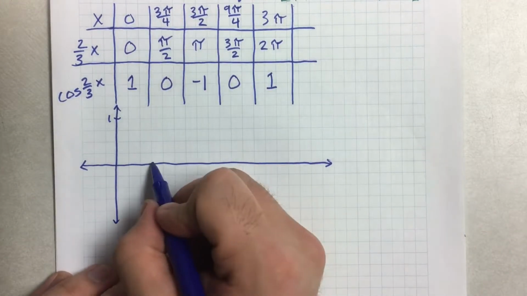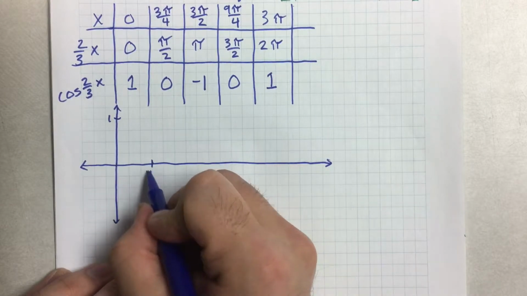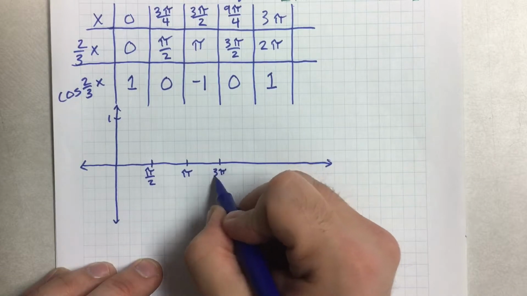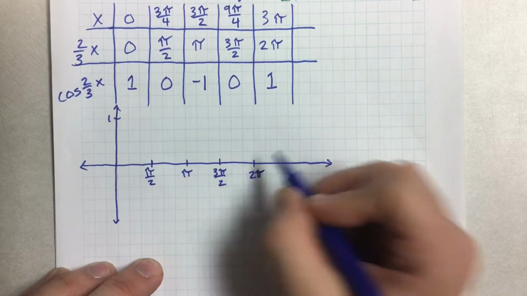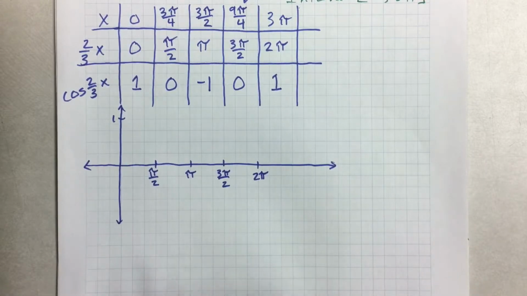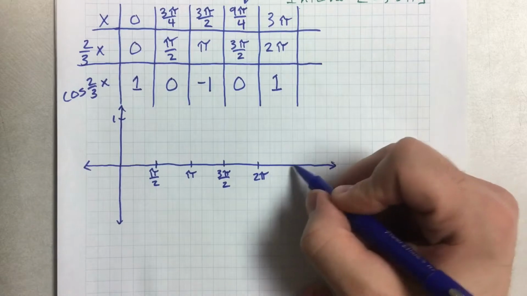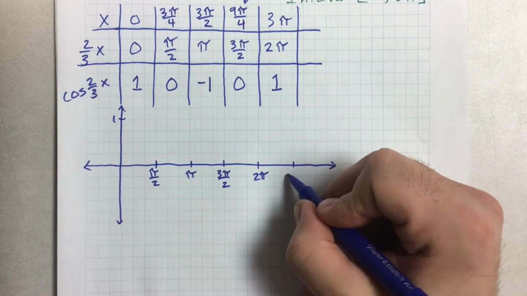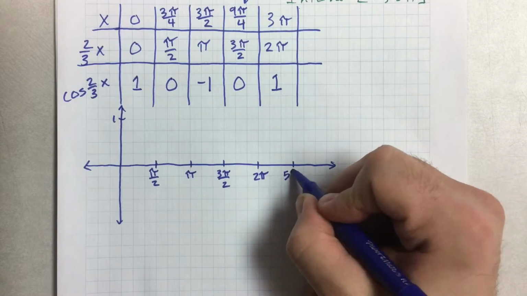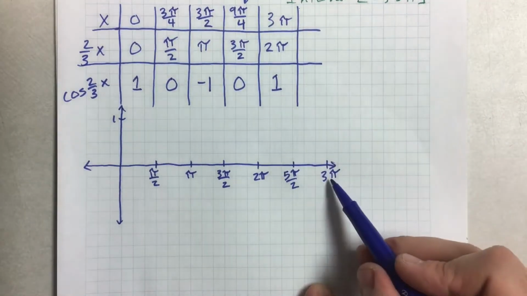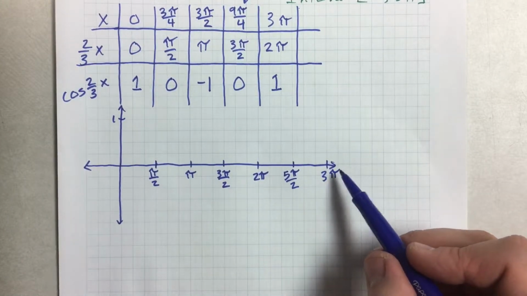So I am always going to be doing with my scaling the pi over 2, pi, 3 pi over 2, 2 pi. Okay? Because that will allow me to get a good visual of how it would compare to the original cosine graph. Now notice, I need to go out even further. So that would take me to another pi over 2, that's 4 pi over 2, that's 5 pi over 2, and then to 3 pi. Okay? So there, I needed to go past it.